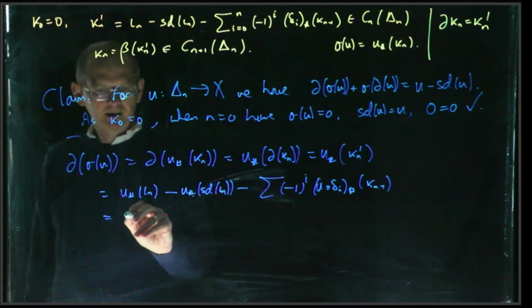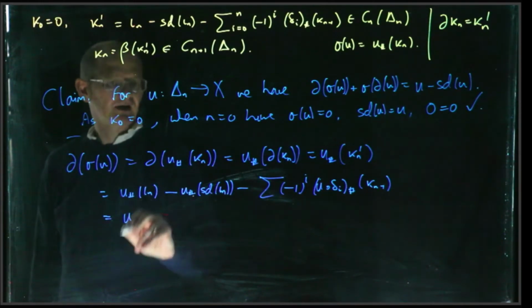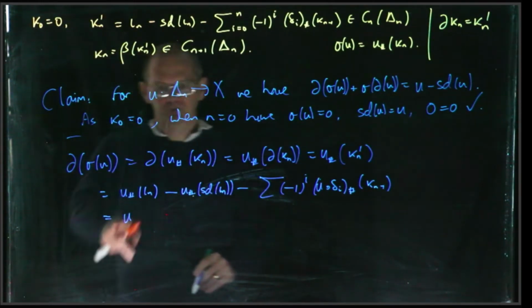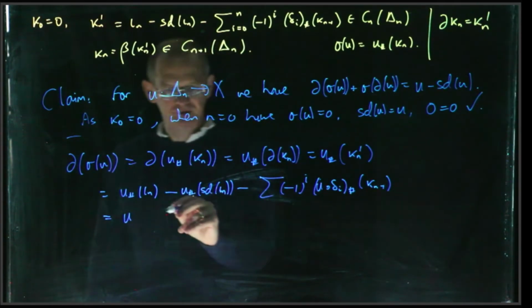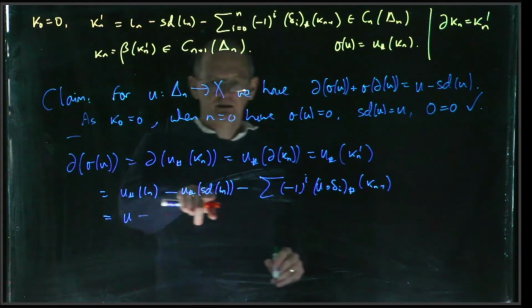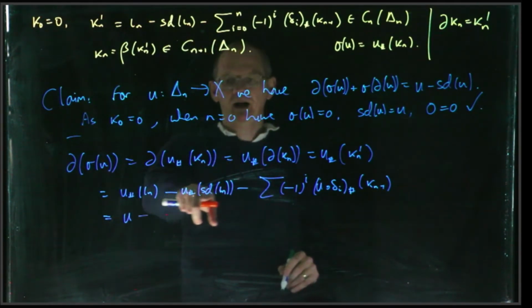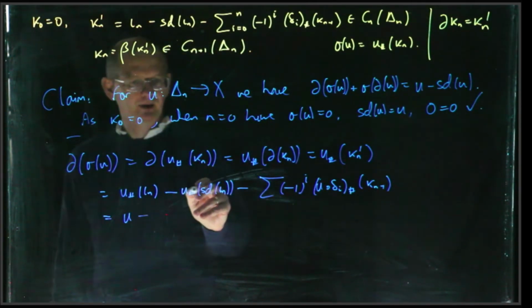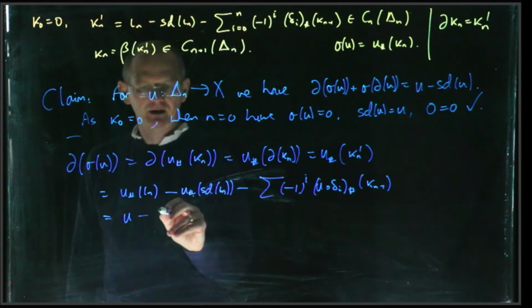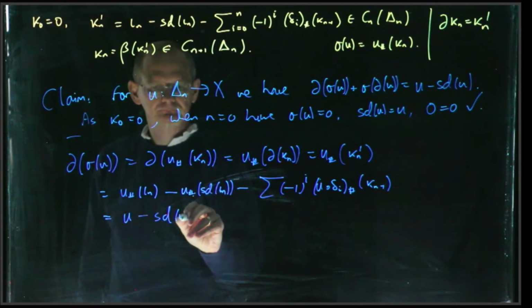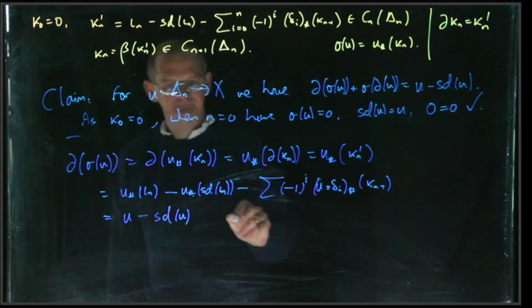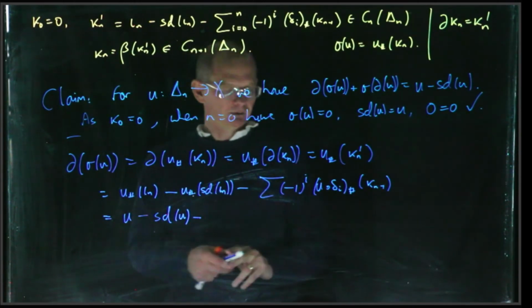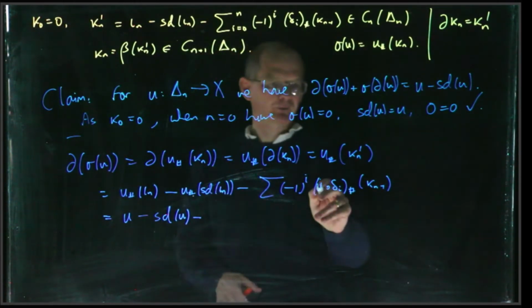And so here I've got u hash of ι_n. ι_n was just the identity map, we compose it with u, I just get u. Then here, u hash of, remember u hash commutes with subdivision, subdivision is natural, so this is the same thing as subdivision of u hash ι_n, which is the subdivision of u. Minus, and then what's this here?